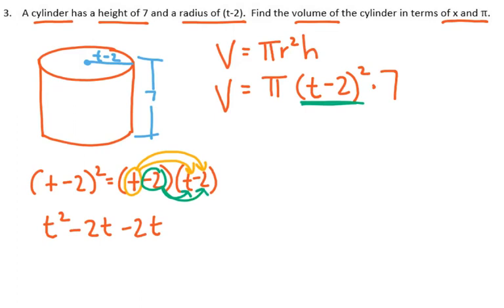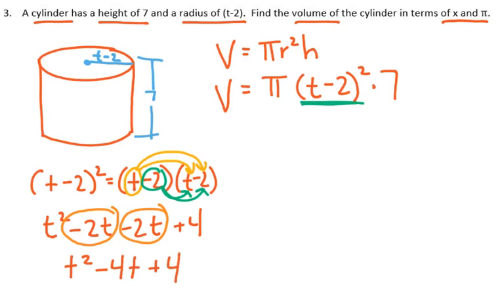And negative 2 times negative 2, which is plus 4. When I combine these terms together, my like terms end up being my middle ones here, negative 2t and negative 2t. I get t squared minus 4t plus 4.